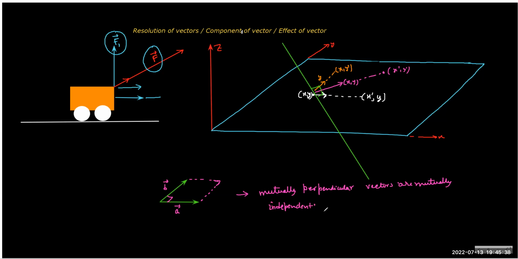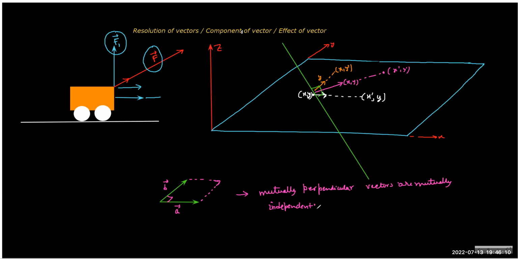And that is not a coincidence. The entire idea of the Cartesian system in mathematics was designed because it is a common experience that mutually perpendicular directions are independent directions. So every event happening in such directions cannot affect each other, and that's why they are mutually independent.